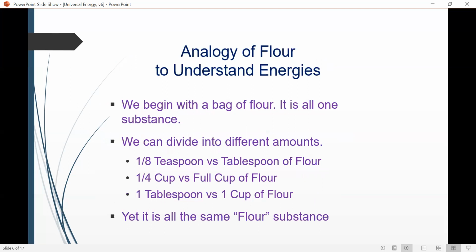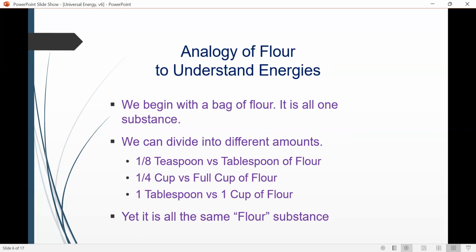Now, to understand this concept of universal energy being divided into every type of energy, we're going to use the analogy of flour. So we take a bag of flour. It's all one substance. It's just flour. But we can divide that flour into different amounts. For example, we can have 1/8 of a teaspoon, 1/4 of a teaspoon, 1/2 a teaspoon, or a tablespoon, all different amounts.